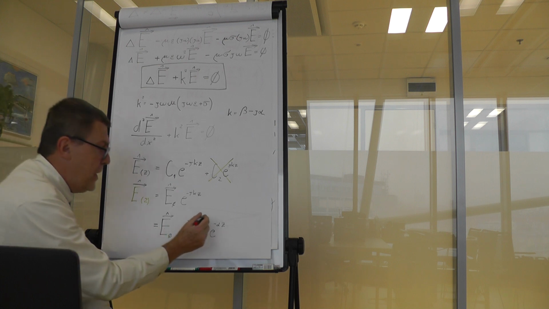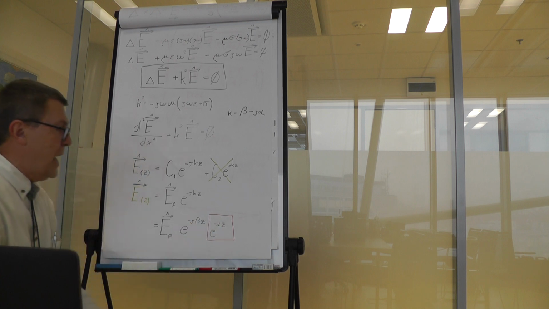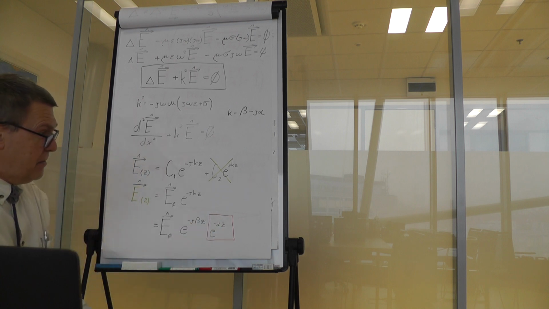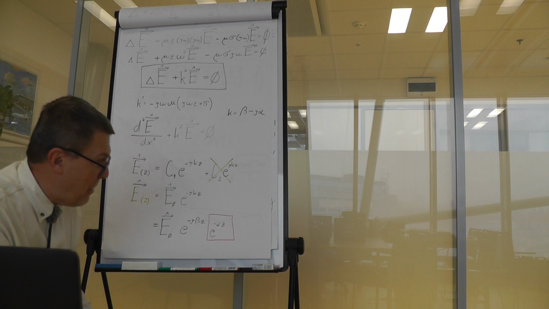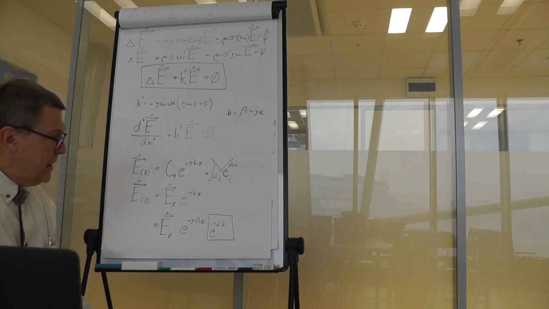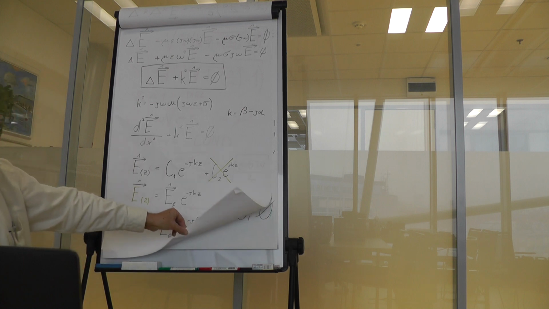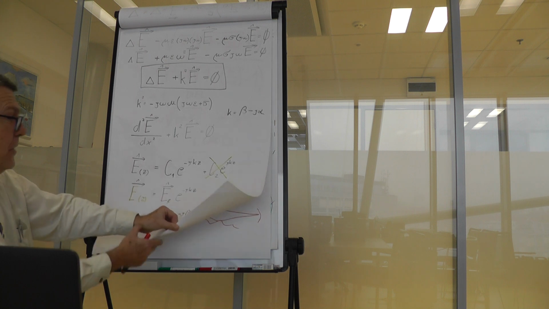So we have the term e raised to minus alpha z, the exponential governing damping, and you may find out that this is something that damps the wave, and within good conductors we have the equation for alpha.